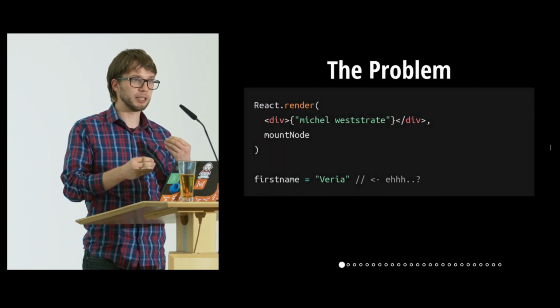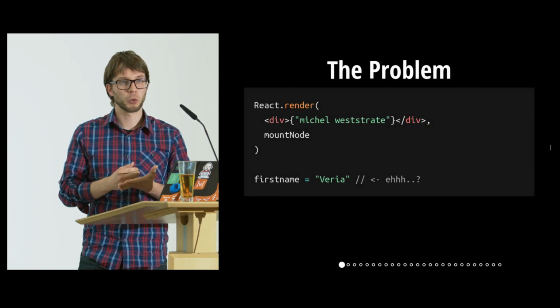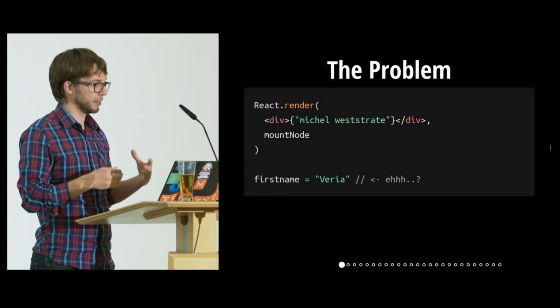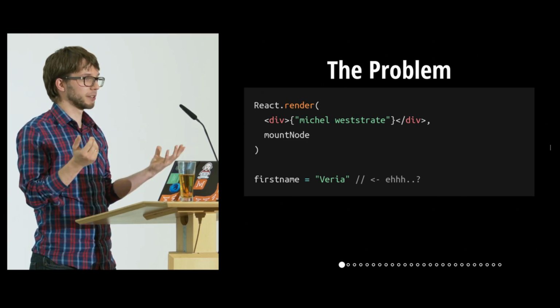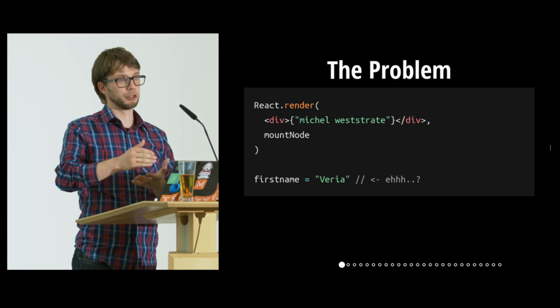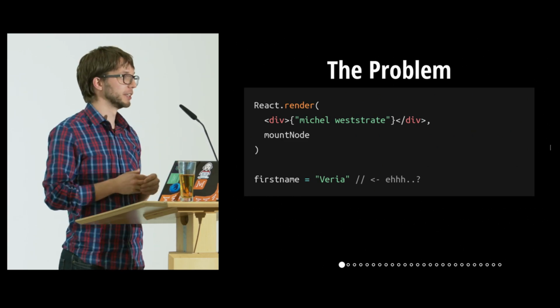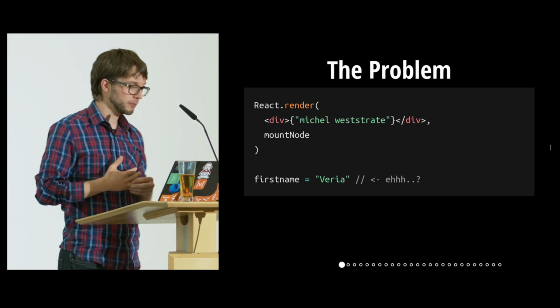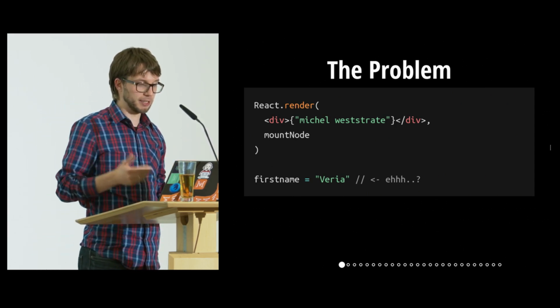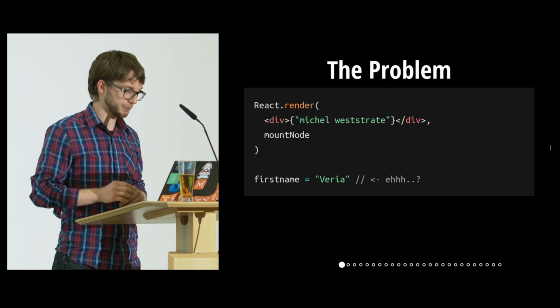Of course, then it immediately becomes clear what the problem is when looking at this. I mean, if we just run this view function once, then you get a DOM which is outdated. It doesn't match the state. So when we change the first name into the name of my daughter, then nothing happens to the DOM.